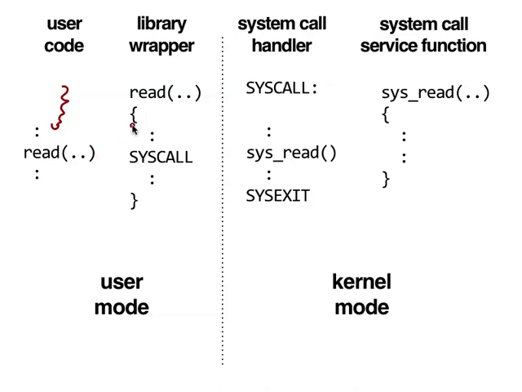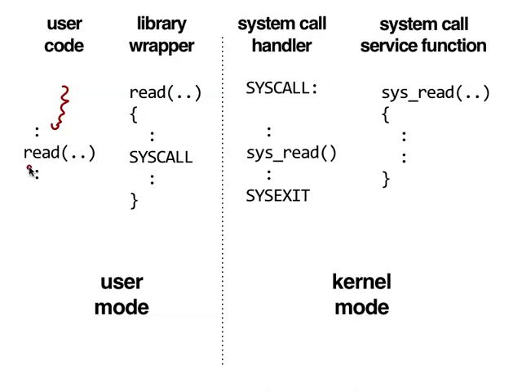Now, those of you who read the book and read the discussions on the blog, there has been some discussion about the difference between the actual system call and the library call. Normally, the user program doesn't call the system call directly. Normally there is a library function that wraps around the actual system call.